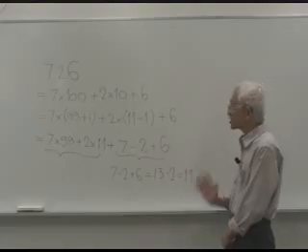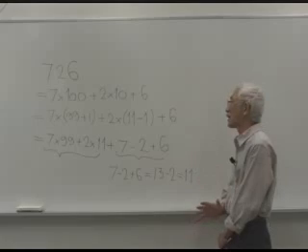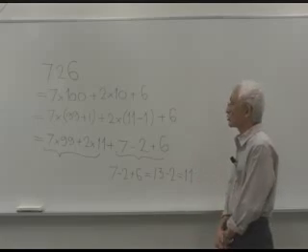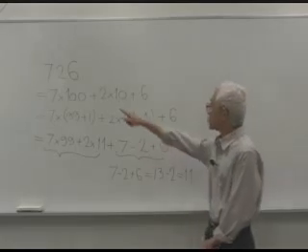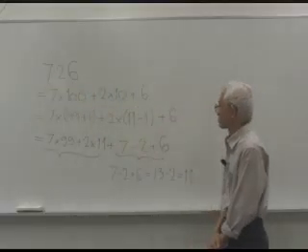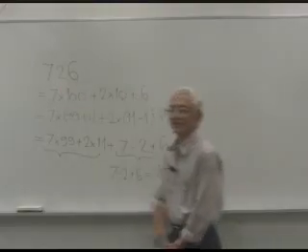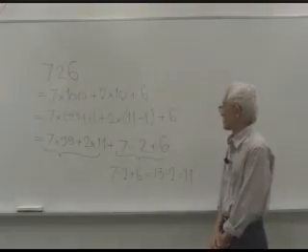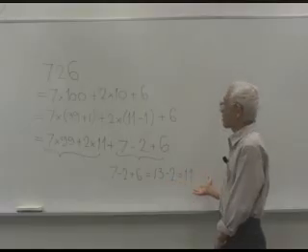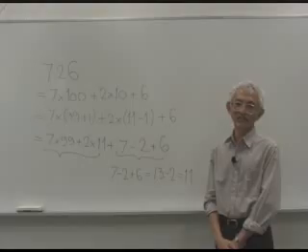So for a 3-digit number, if you want to check whether this number is divisible by 11 or not, what you do is add up all the odd digits and take away the even one, and if the outcome is divisible by 11, then you claim that the number is divisible by 11.